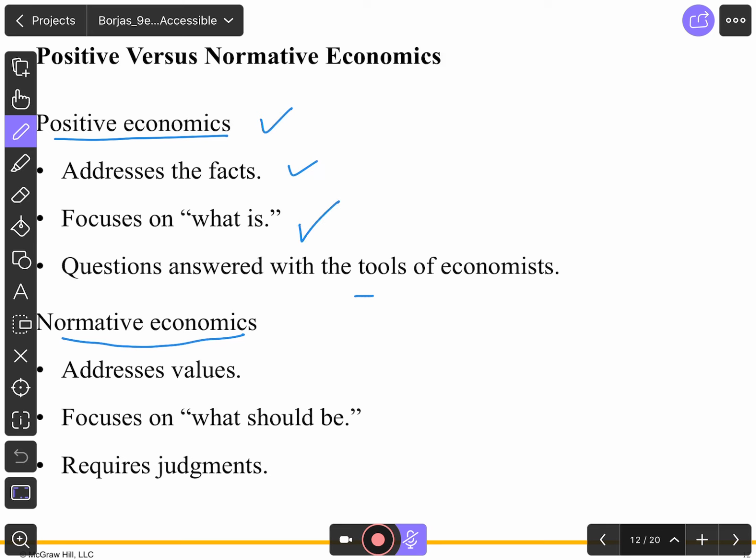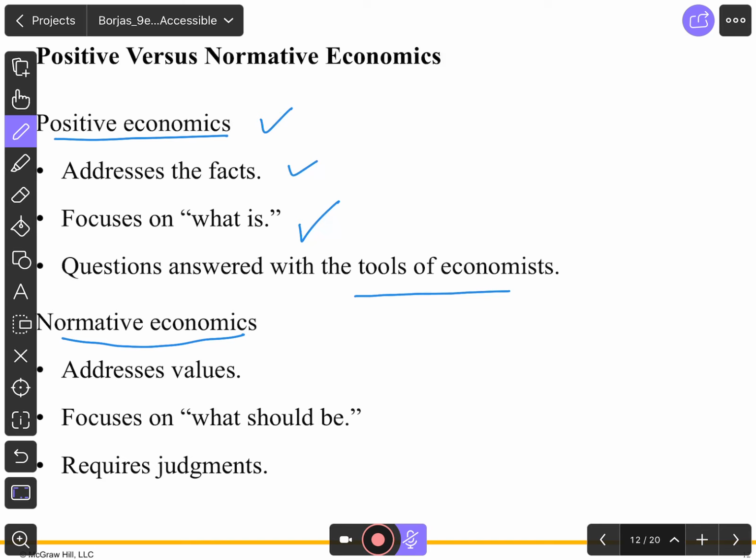And the questions are answered by tools of economists, which is basically the software that we use and the models that we use of quantitative analysis in order to answer these questions. So it's all based on facts, actual things that are happening in the market.